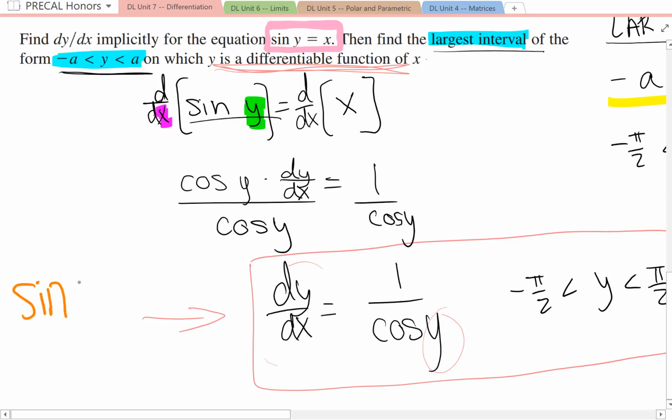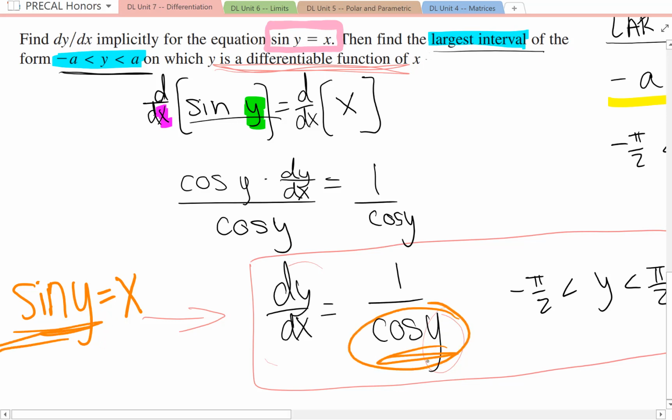And the special relationship I know is that sine of y is equal to x, but I don't have sine of y. I have cosine of y. So is there a relationship for which I could possibly get this cosine y to be some quantity with sine in it instead of cosine? Because if it's sine y, then I can replace it with x.